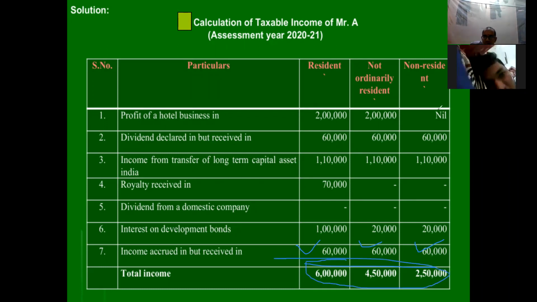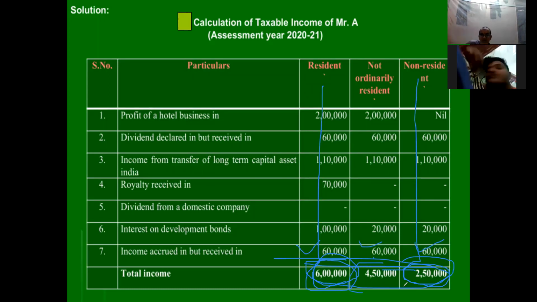For a non-resident, less amount attracts tax. For an ordinarily resident, more amount attracts tax because he is a normal citizen of our country, in income tax parlance an ordinary resident. So his income attracts more tax. A not ordinary resident is taxed somewhat more than a non-resident.